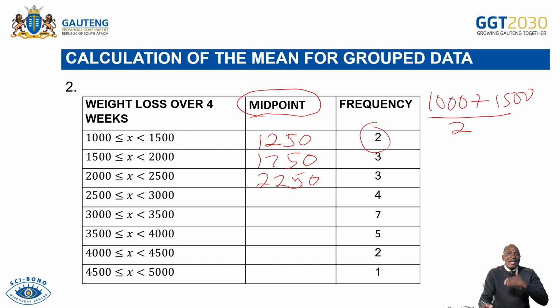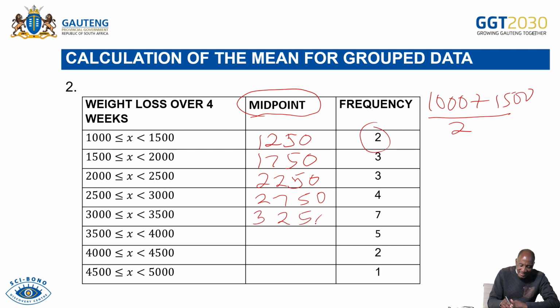So we are going to add 500 to the previous, 500 to the previous. So my next number, I'll add 500. It will give me 2,750. Next, I add 500 because it's uniform throughout. It will give me 3,250. Next, I add 500, the same class width for the classes. It gives me 3,750. Next, I add 500.